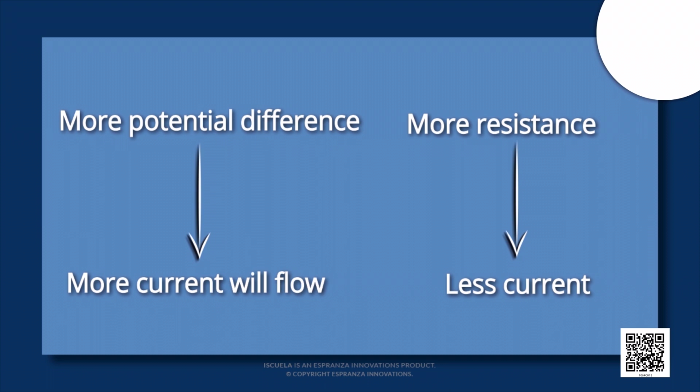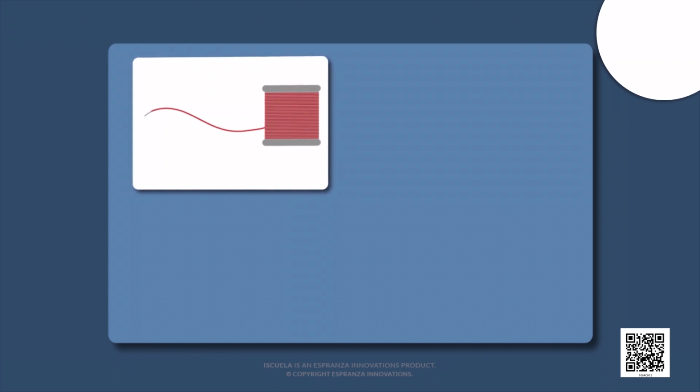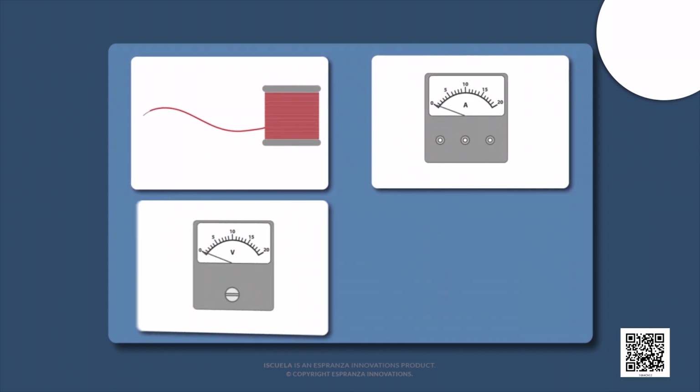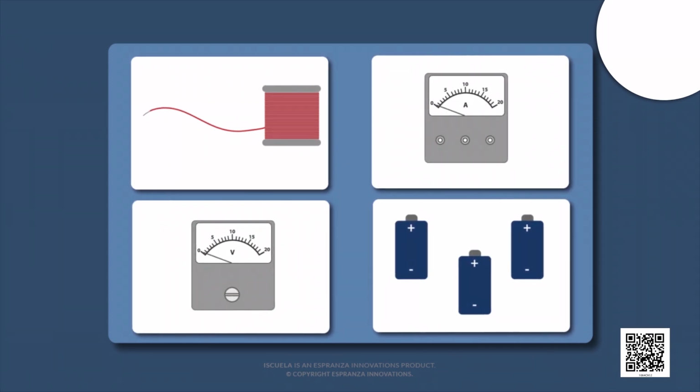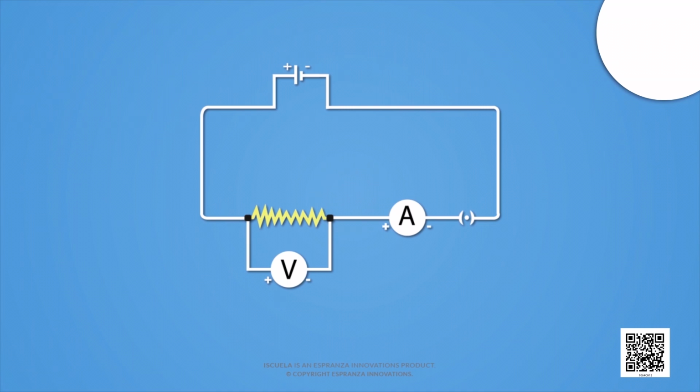Children, let us understand all this with the help of an activity. For this, we need a nichrome wire, an ammeter, a voltmeter and 3 cells of 1.5 volt each. Now set up a circuit as shown in the picture.